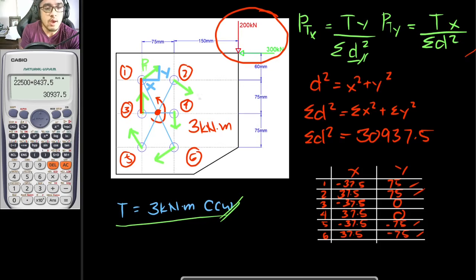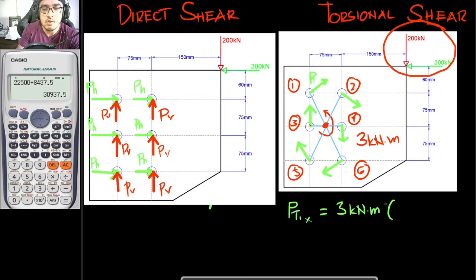So what would be the y component of bolt 1? That is to be 75. So that is to be the y distance from the centroid of the system to the centroid of bolt number 1. So that is to be 75 mm. Pero multiply, divide na lang natin to by 1,000 kasi naka-meters pala tayo dito, ano?